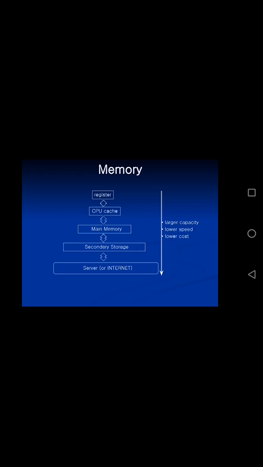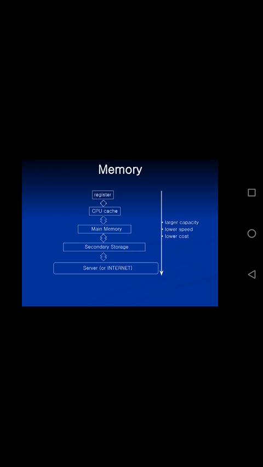Of course, there are other cloud servers such as Google Drive, which provide storage free of cost.